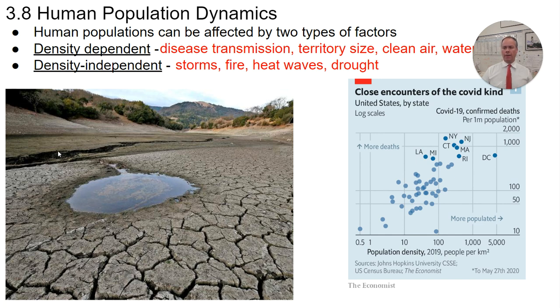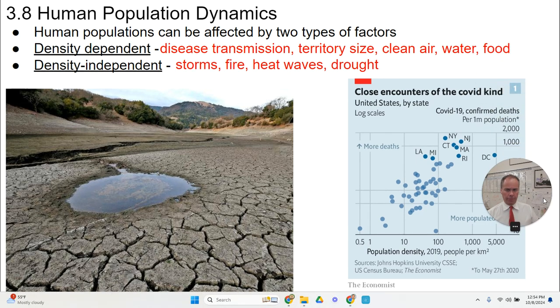When we think about population growth, we consider two types of factors that may come into play: density-dependent factors and density-independent factors. And they're just what they sound like. Density-dependent factors are factors that depend on the population size and density. Disease is transmitted more easily when people are living in dense settlements.